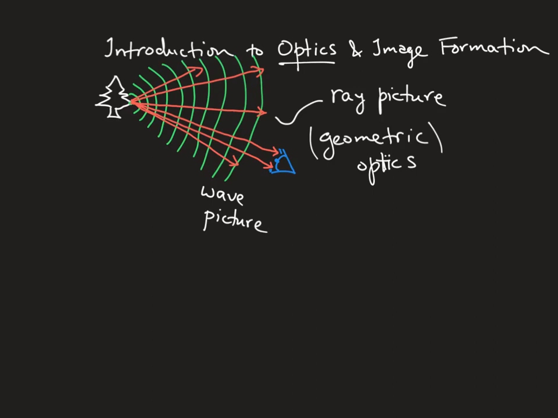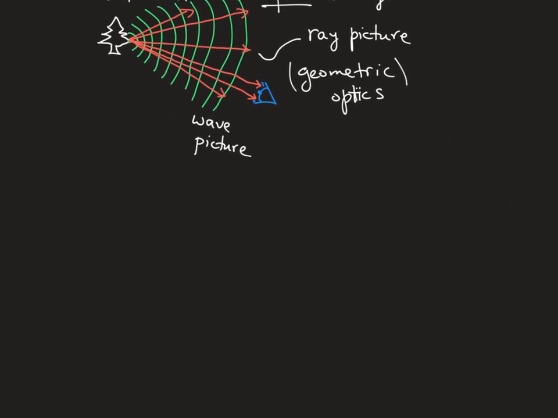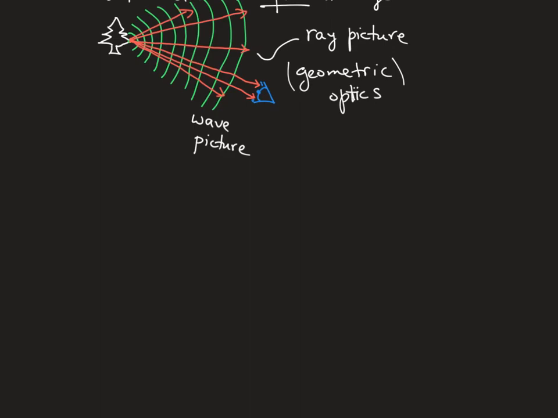Okay, so with that kind of background in mind, now we can start to think about what happens if I use a lens to make an image of something. I'm going to shift to a new picture here. I'm just going to make a point, and that's going to be the object.